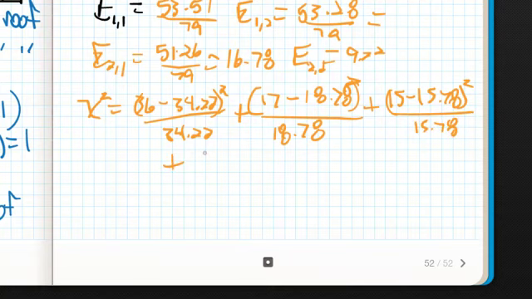And then last but not least, because there are only 4 cells, 11 minus 9.22, squared, divided by 9.22. Okay?